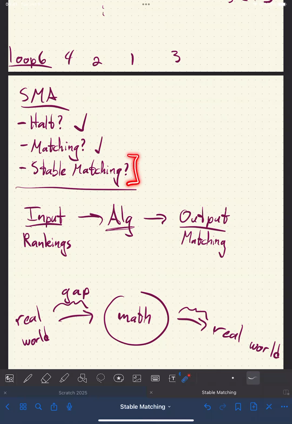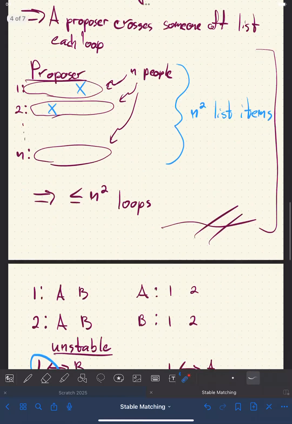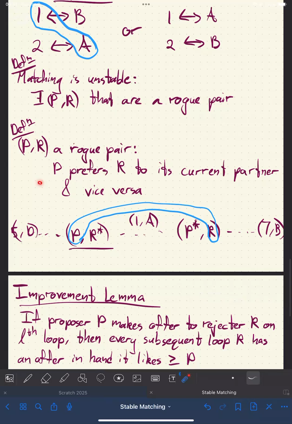And now the most important part, we want to show that that matching is stable. And again, we want to remember what stable means. It means that there are no rogue pairs, right? A matching is stable if there's no rogue pairs, where a rogue pair is the case where you have two people that are paired with someone else that actually would prefer to go with each other. That creates some sort of instability because they could just go with each other and then the whole matching falls apart. So now we have to continue on our proofs and finally have our theorem.